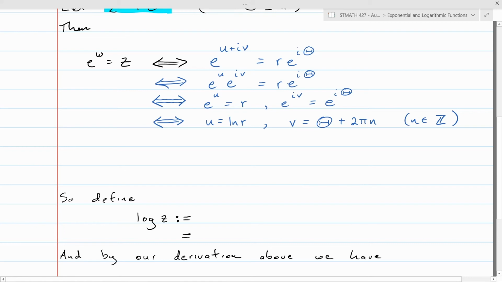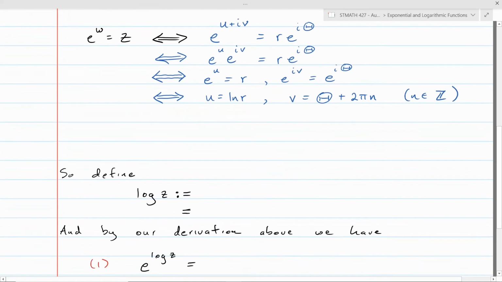So that's how we're going to define the logarithm, log z. So log z is going to be natural log of r plus i times whatever our v was. So our v was this capital theta plus 2 pi n.